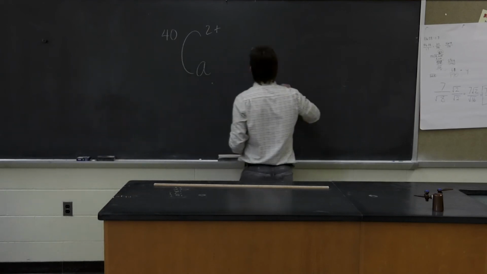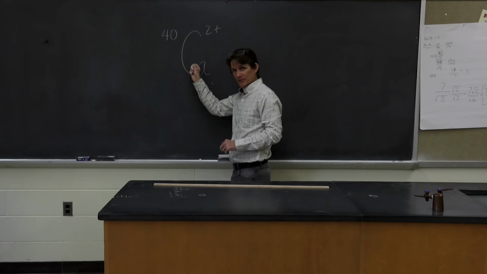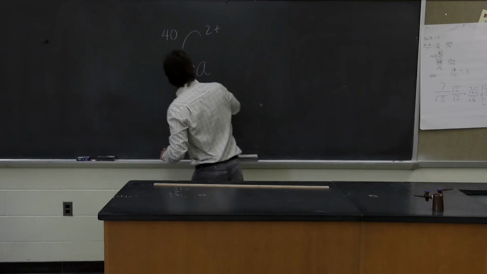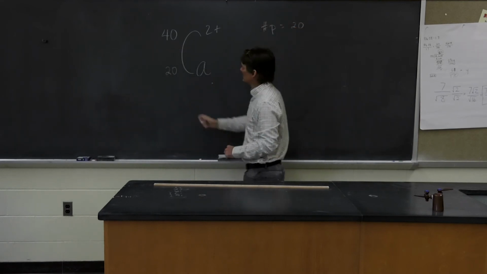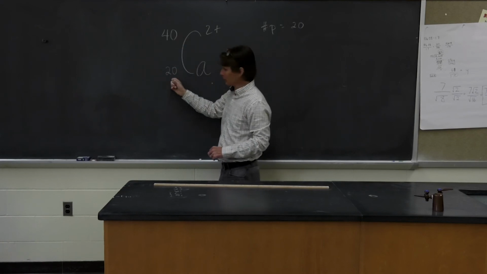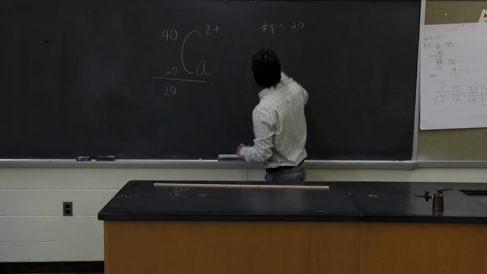If I look up calcium in the periodic table, I'll notice that its atomic number is 20. Right away, that tells me the number of protons. This is the mass, minus 20 for the protons' contribution to the mass, gives me 20 neutrons.